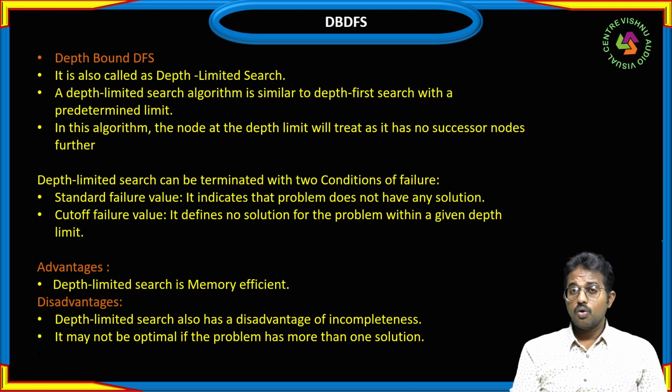So if the goal node has more than one solution, it will give only the first solution it has encountered. There can be an optimal solution among the other solutions later on, but because of that condition it is going to miss the optimal path and give the first encountered solution.